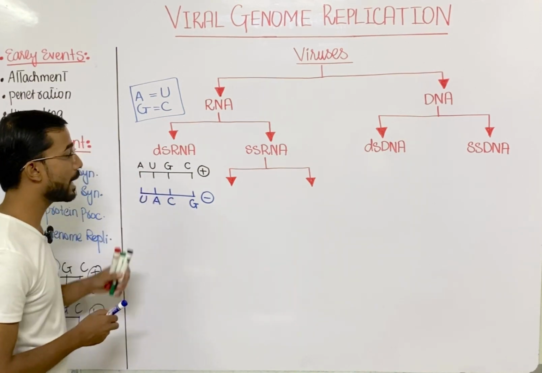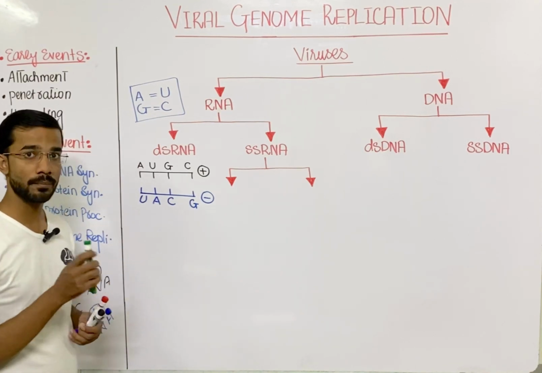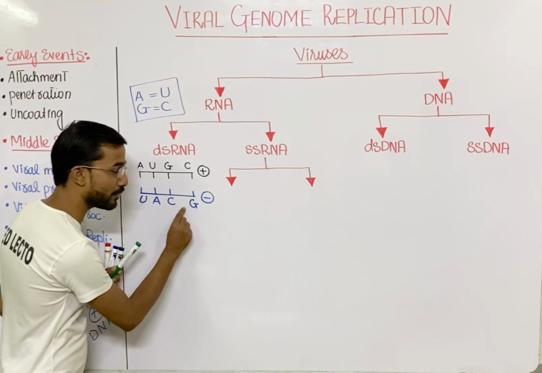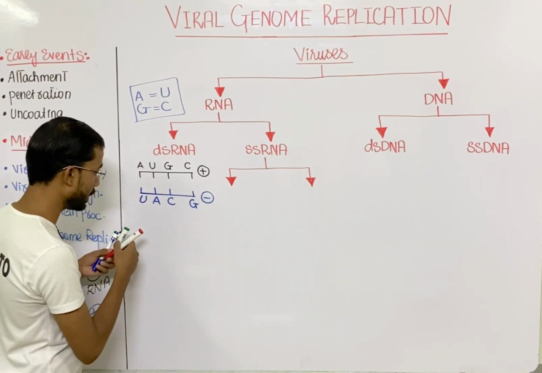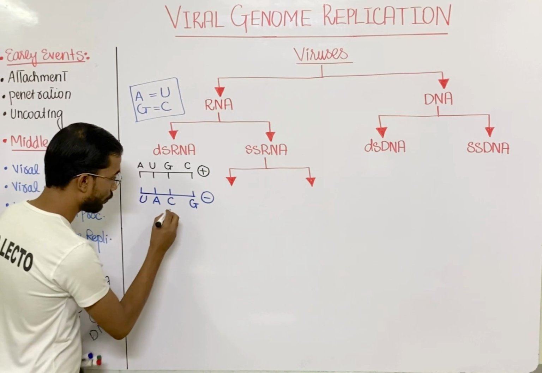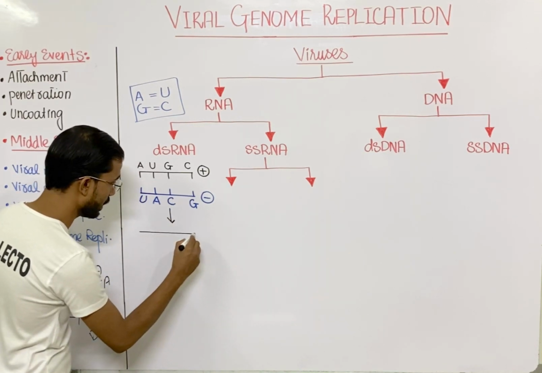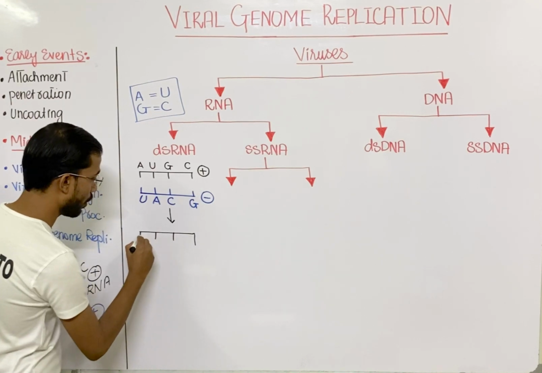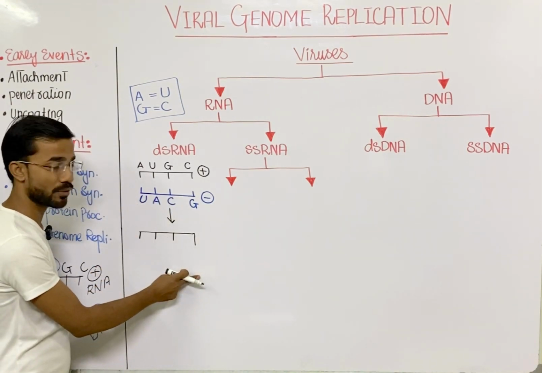From the double stranded RNA, first, from the negative strand you will see the formation of the positive strand.